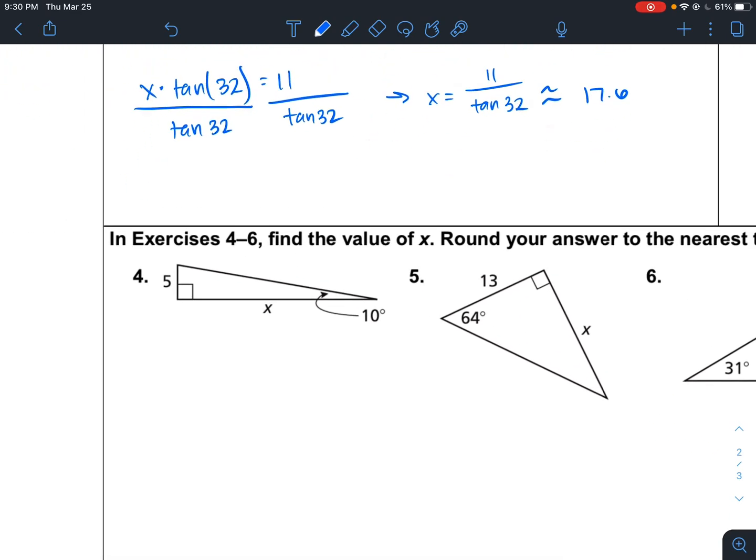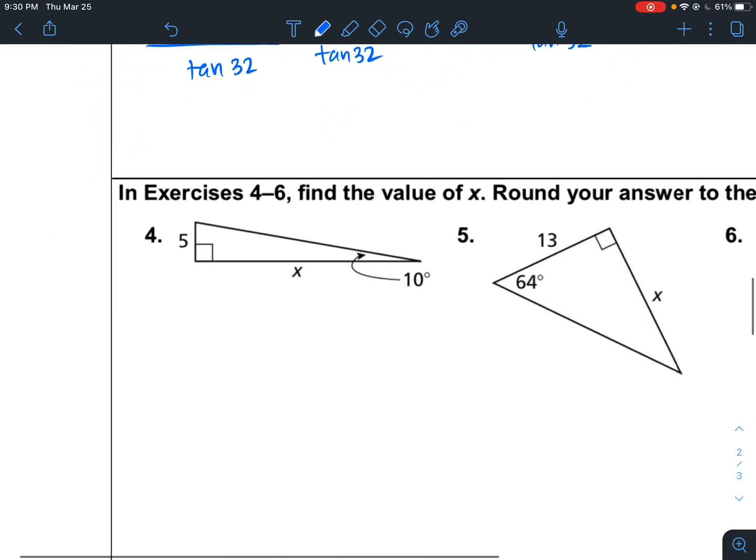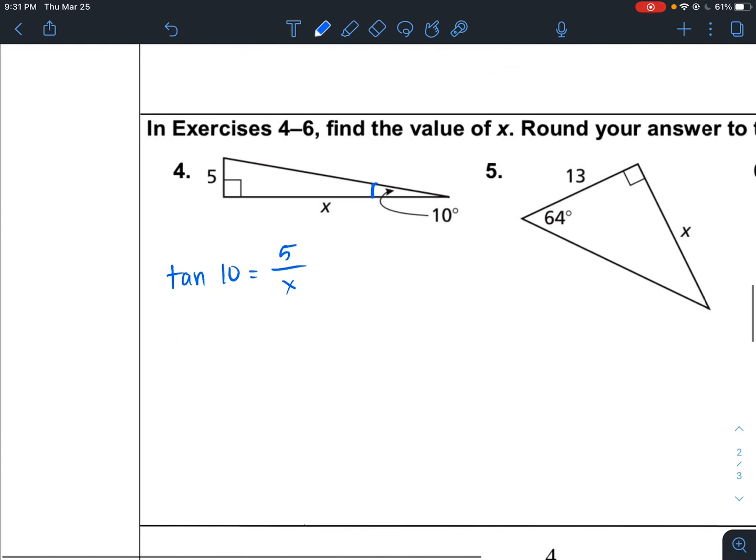So we want to find the value of x. This angle given to us is 10. So I want to find the tangent of this angle because it gives me the opposite side to angle 10 and the adjacent side. Okay, so tangent of 10 is equal to the opposite side of it, which is 5 over x. And same thing, I want to cross multiply.